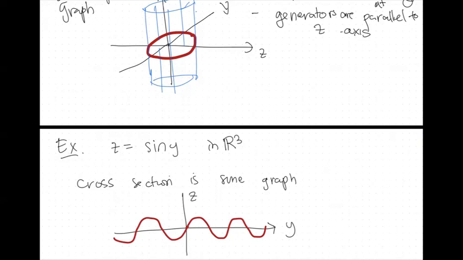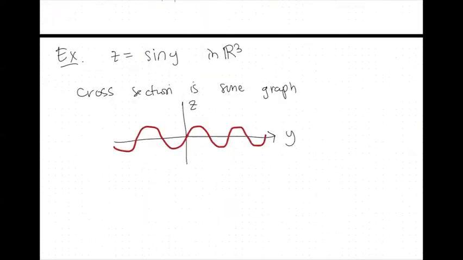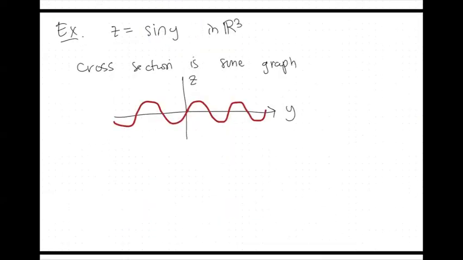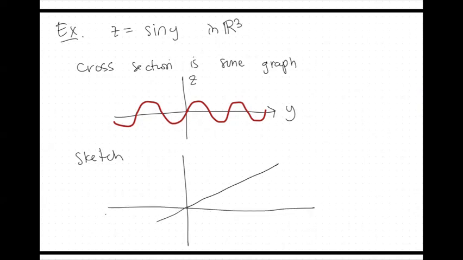And then the sketch of the graph: you have z, your x, your y, and along y you get something like this. And then our generator will move along this curve.